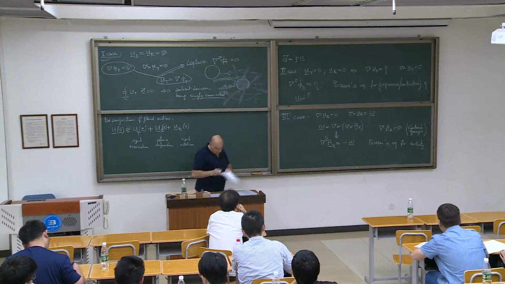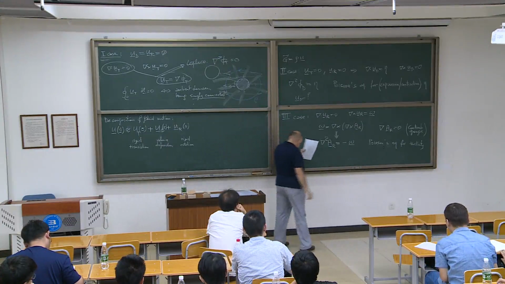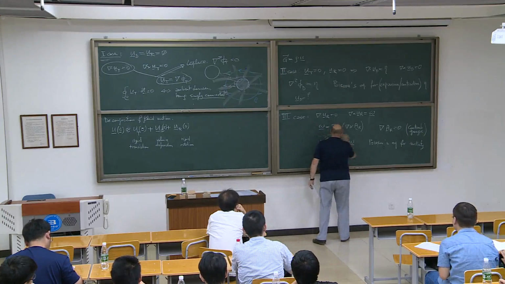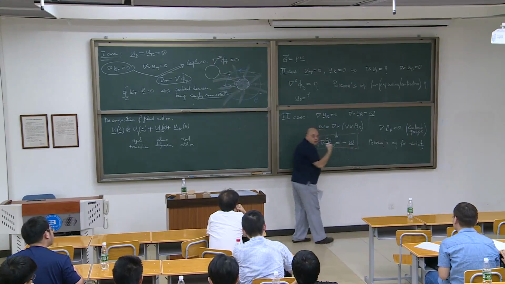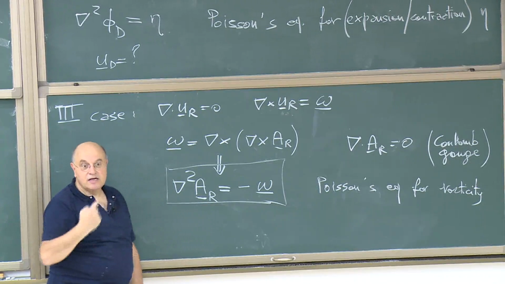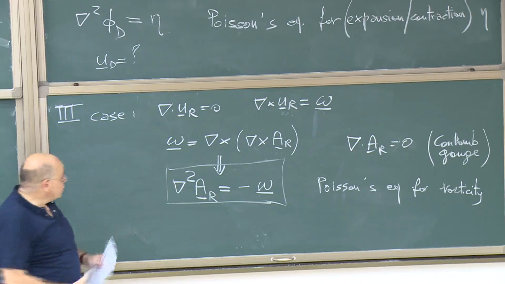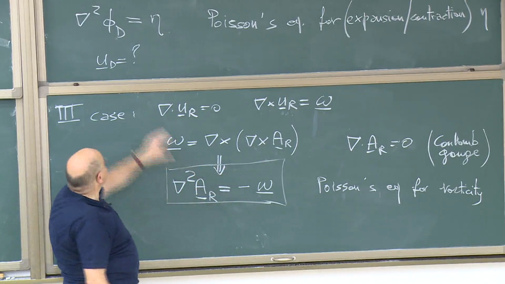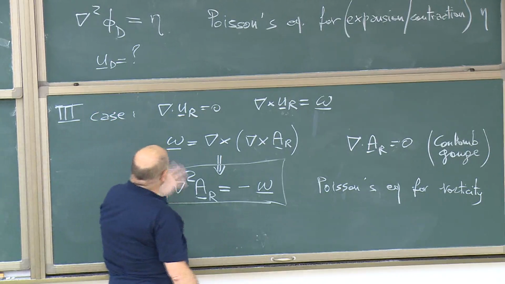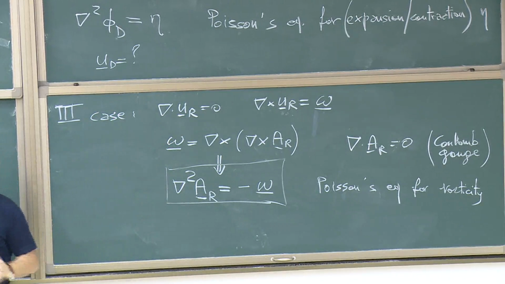Okay, so we get to this equation, and if you look at each component for vorticity, omega 1, omega 2, omega 3, you can think of each term as that one, basically. But we want to find out UR. Remember, UR is our aim.